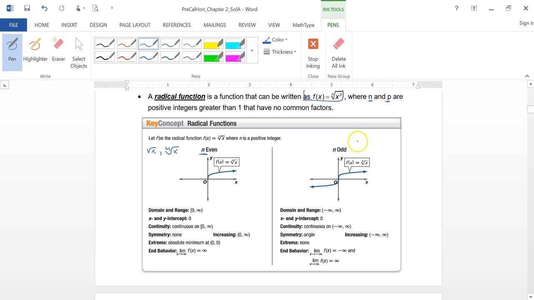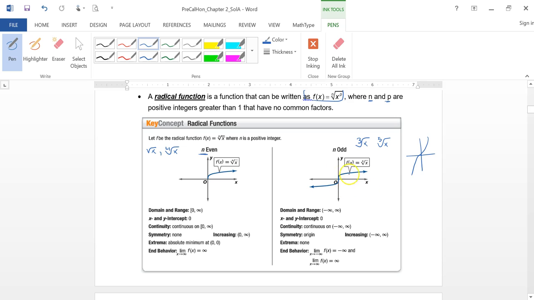When n is odd, so the cube root of x, the fifth root of x, this is now the inverse of the cubic function. You remember what the cubic function looked like? Was this. Well, if you take the inverse, then it's the cube root of x, which looks like this. So domain and range get switched, and the way it looks will get switched as well.